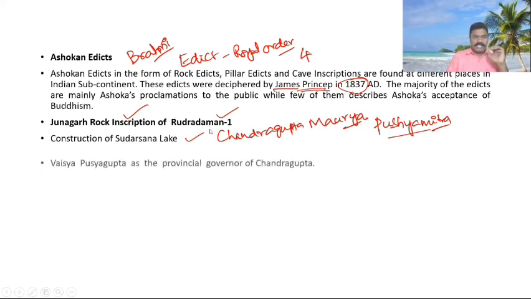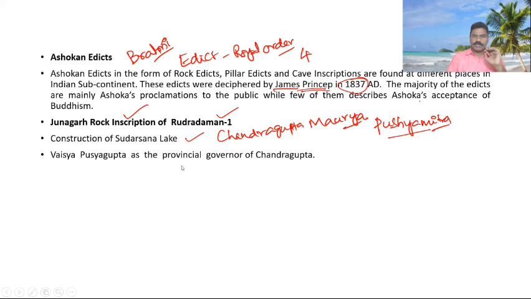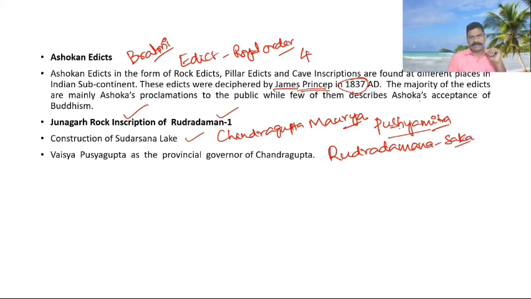This Sudarshana Lake, in a later period, was repaired by Rudradaman. Rudradaman was a Saka ruler. He repaired that lake, and not only that, he also gave information about the Mauryans. What did he mention about the Mauryans?